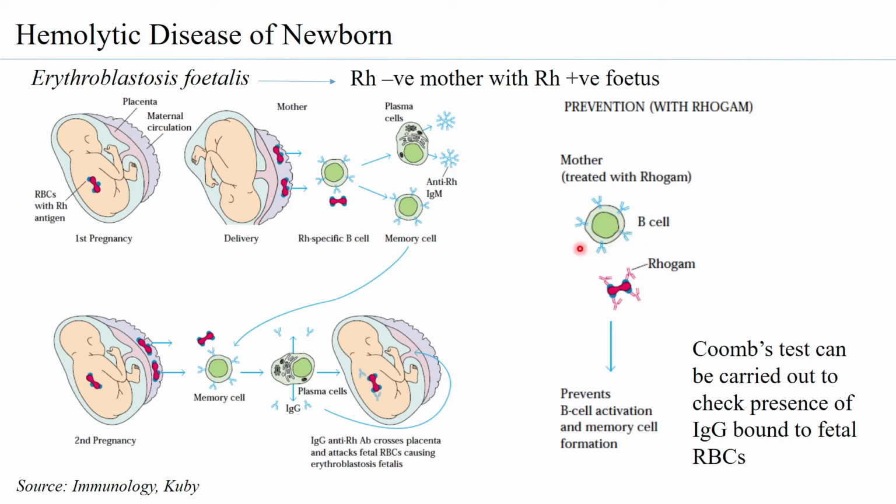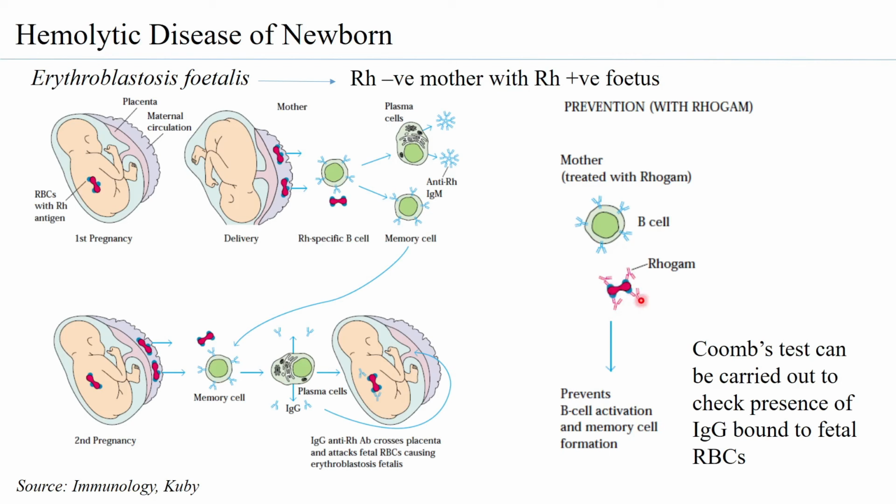So what happens is that if the mother already has antibodies against Rh, then that antibody will go and bind to the RBCs that are released from the placenta. So instead of the RBCs being taken up by the B cells, presented, and then differentiated into plasma cells, the Rh is already bound to the RBCs and they undergo lysis.